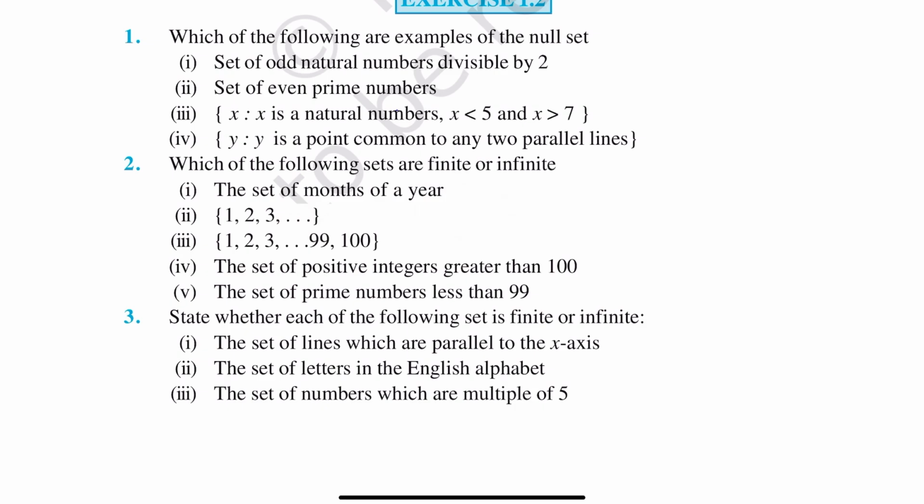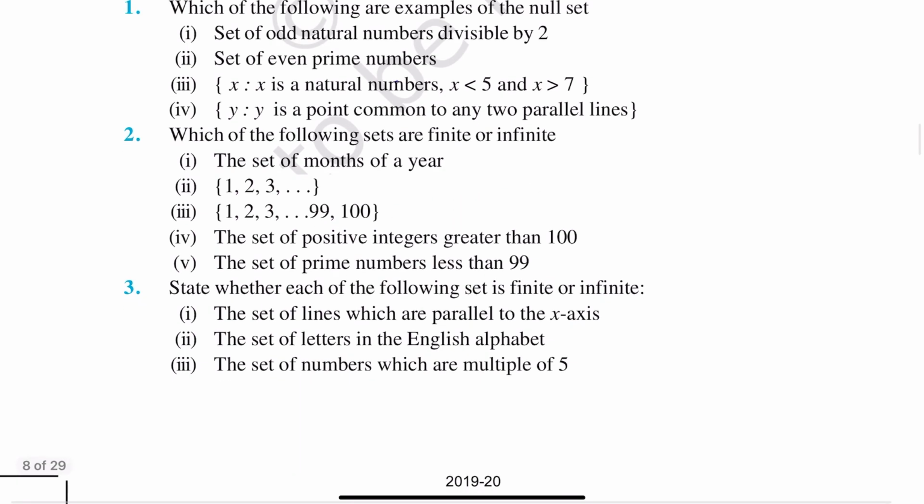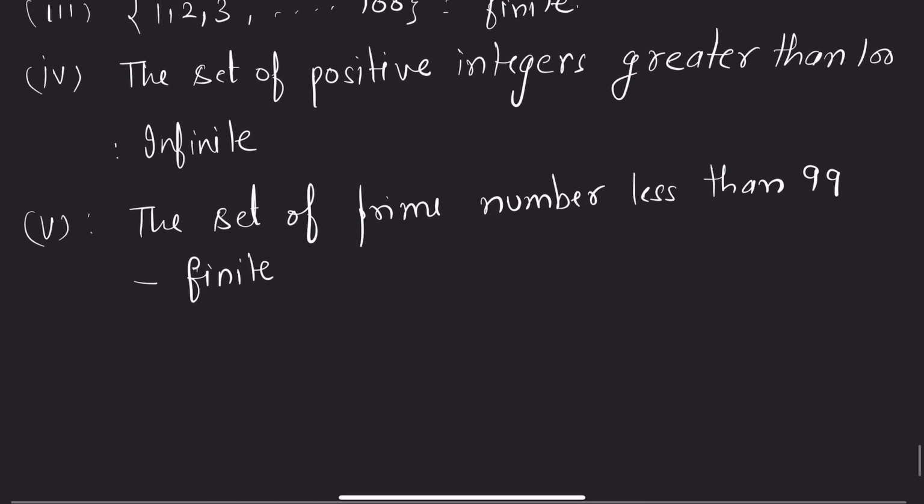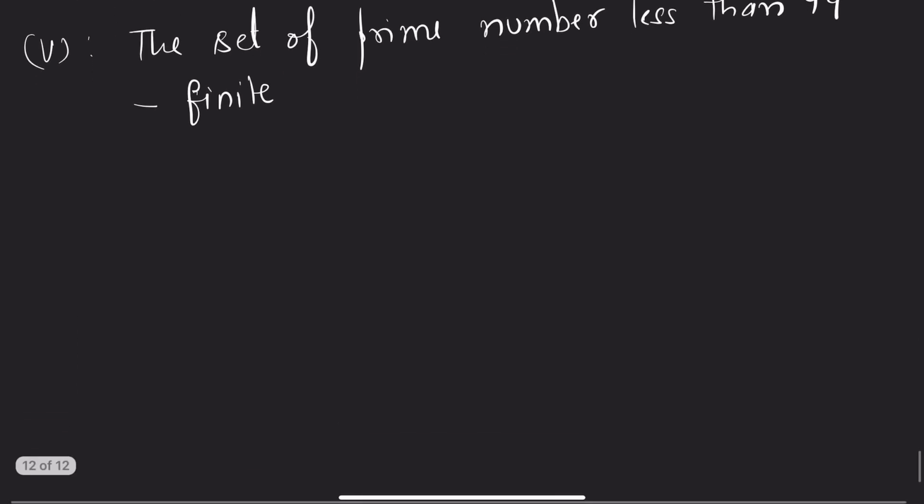But look at the set 1, 2, 3 and so on up to 100. This is the counting from 1 to 100. So this set is finite, because there are a finite number of elements. Exactly 100 elements are there. Fourth part, the set of positive integers greater than 100. So what are the numbers here? 101, 102 and so on.